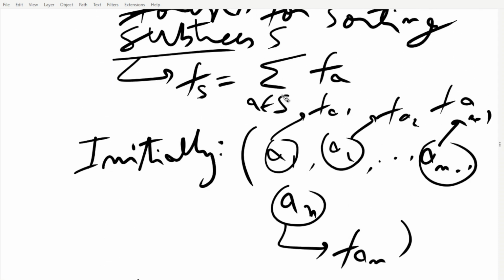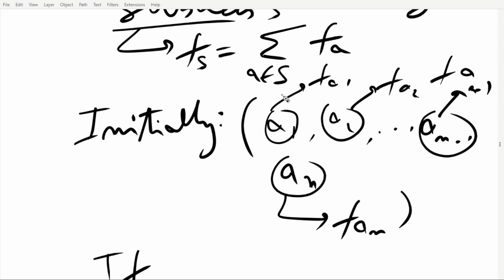So in the iterative algorithm, we can write a loop like this. Call this min heap m.